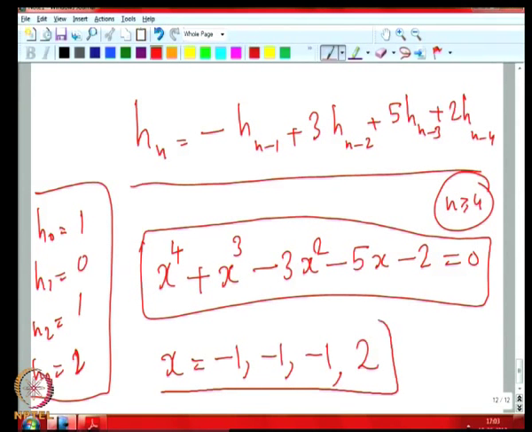These are the roots of this characteristic equation. Minus 1 has multiplicity 3 and 2 has multiplicity 1.